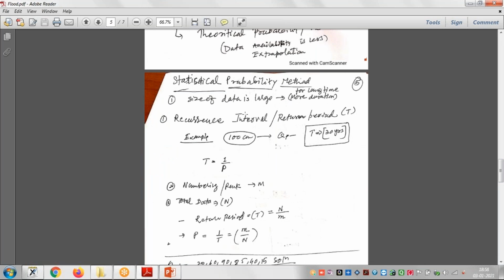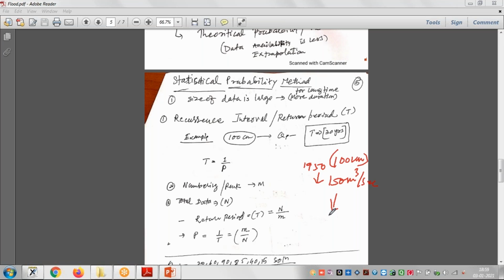So first of all, in the statistical probability method, the size of the data should be large, right? Second, there is the term recurrence interval or return period. Return period I have already explained. For example, one flood came in 1950, and the discharge was say 150 meter cube per second, and the rainfall depth was say 100 centimeter.